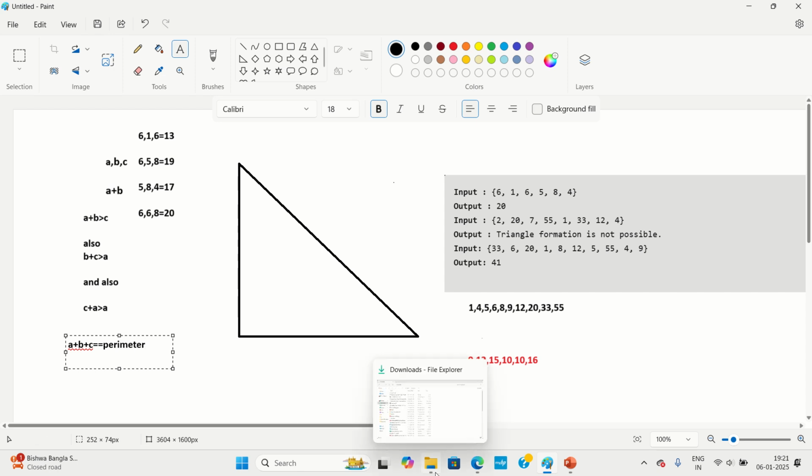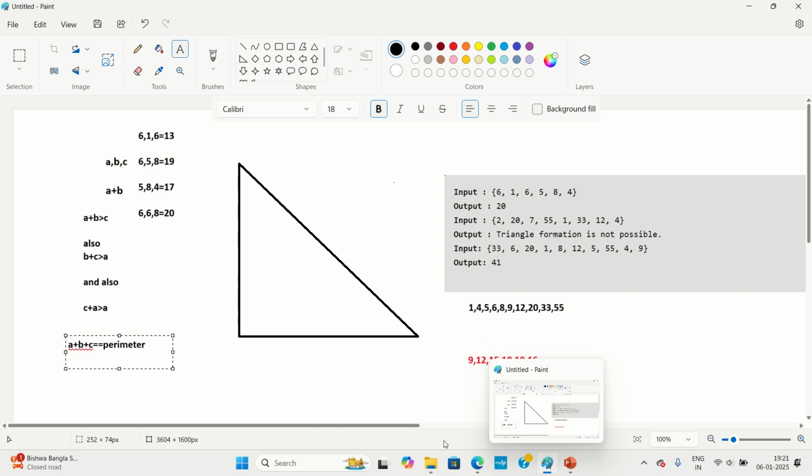Fine. Because the perimeter, as we know, it is common sense, the sum of three sides of a triangle, that we all know. But the logic to find out the triangle is, we should pick up three sides in such a way that it should fulfill all these three conditions.